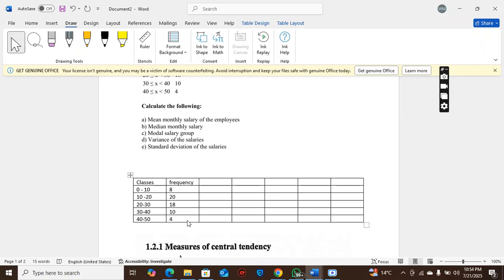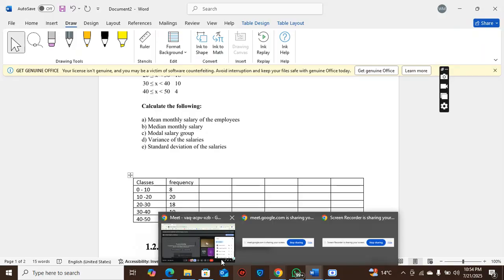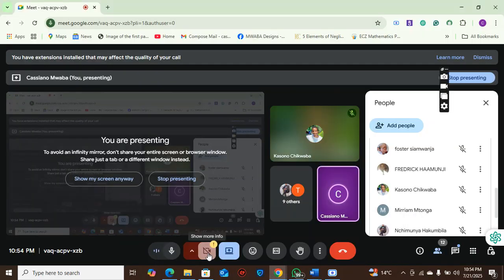If you haven't got power at home and you don't have where to write, let's see. I hope everyone has got where to write. Do we all have where to write? Mr. Foster, Mr. Frederick, do you have where to write these solutions?